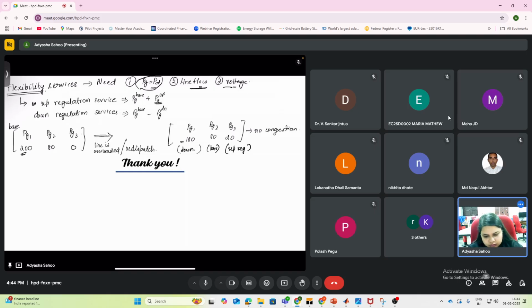Like your reserve services, your flexibility services, then to match the generation with demand in real time, the services that we call balancing services.